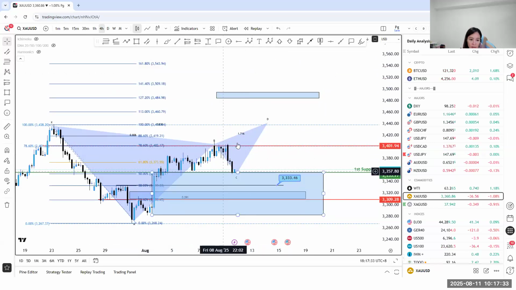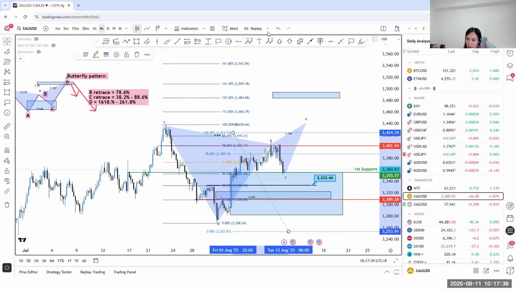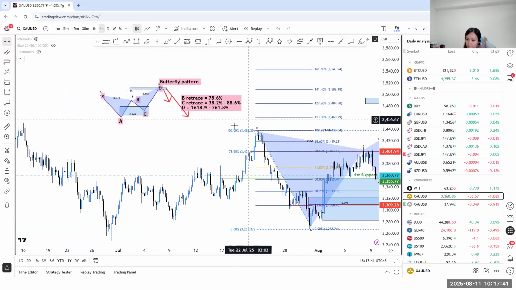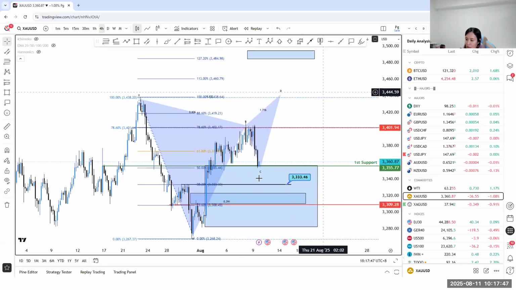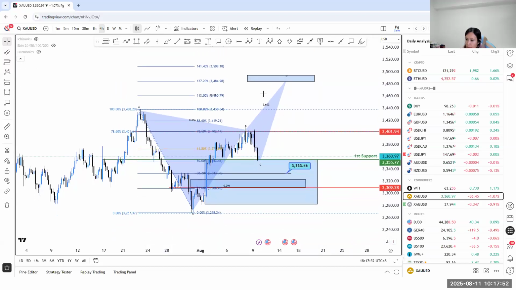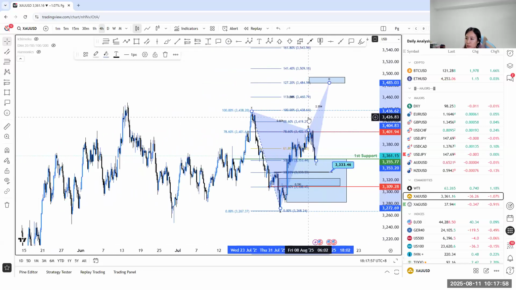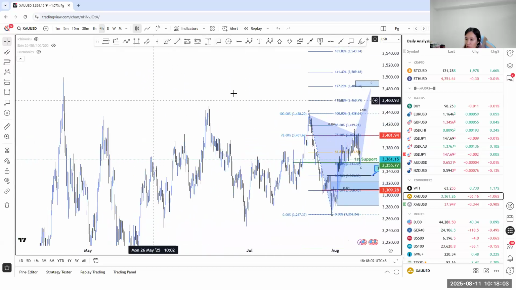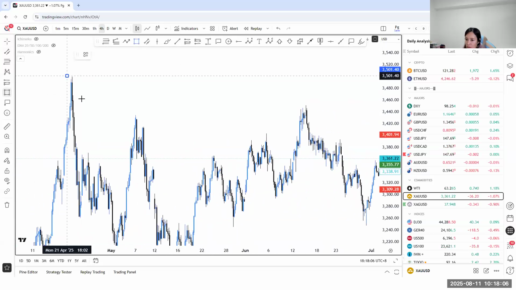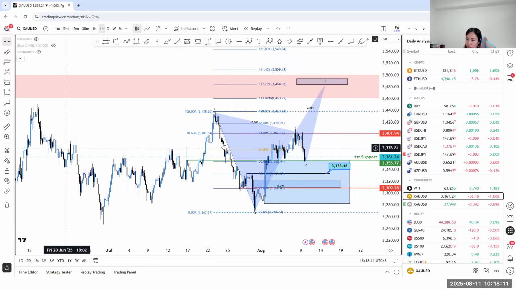If they're going to make the C leg here, meaning they retrace here, C could go somewhere here, somewhere between the wick of the red, this zone.